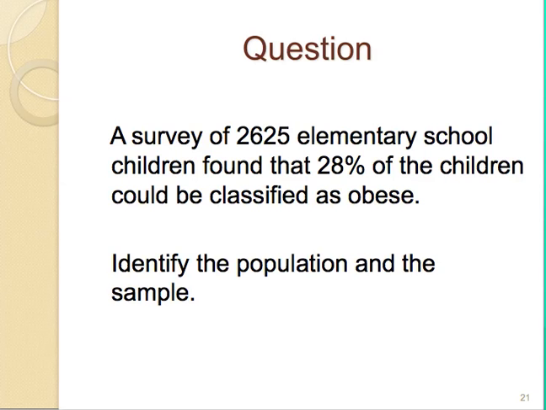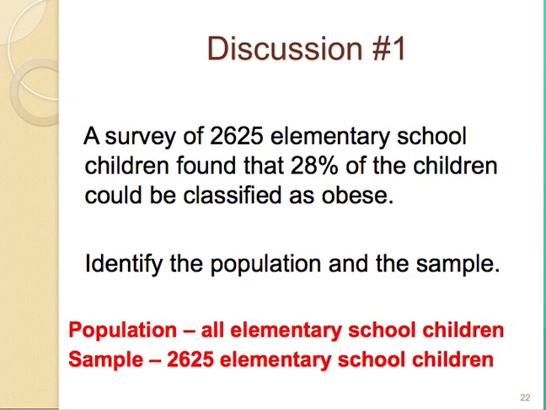A survey of 2,625 elementary school children found that 28% of the children would be classified as obese. What's the population in this case? And what would be the sample in this case? Okay, the population is all elementary school children.